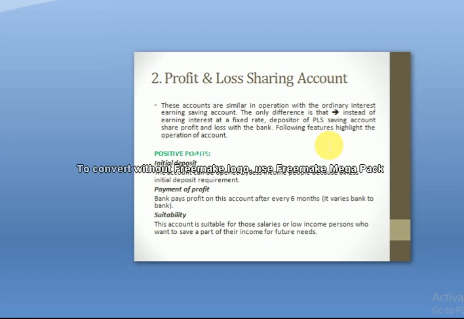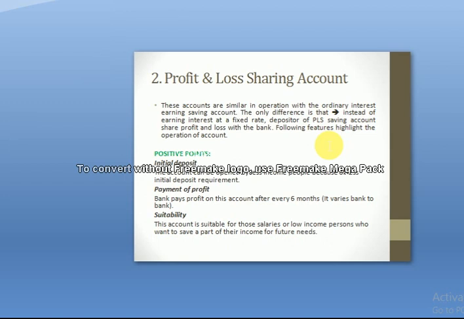There are some account holders who want returns on their savings, but they don't want the returns in the shape of interest. In a current account, as we discussed, no returns are given by the bank. Similarly, these customers want returns, but not as a fixed amount of interest.